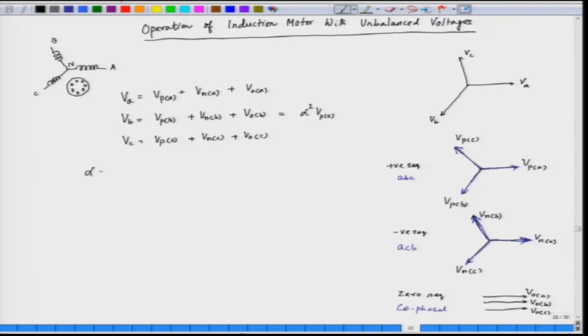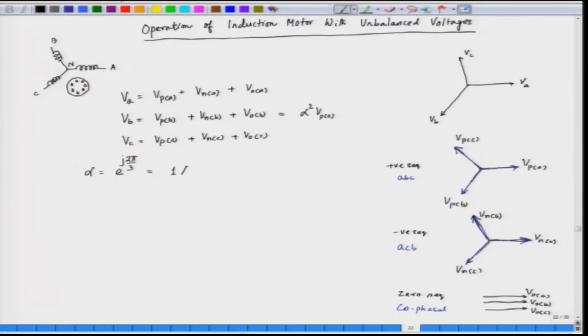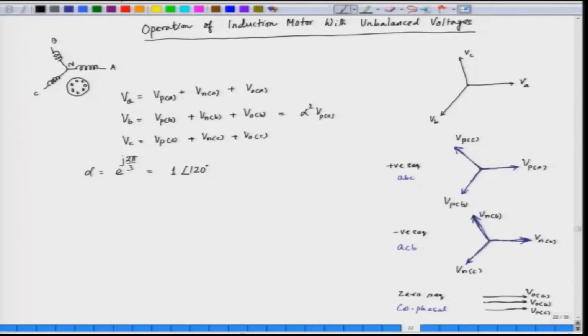Alpha is an operator given by exponential j 2 pi by 3. This is basically an angle of 120 degrees. We can also write this as 1 angle 120 degrees. So, alpha is an operator that is just angle 120, a rotation by 120 degrees, or exponential j 2 pi by 3. So, if we rotate this by 2 pi by 3, we get V P B.